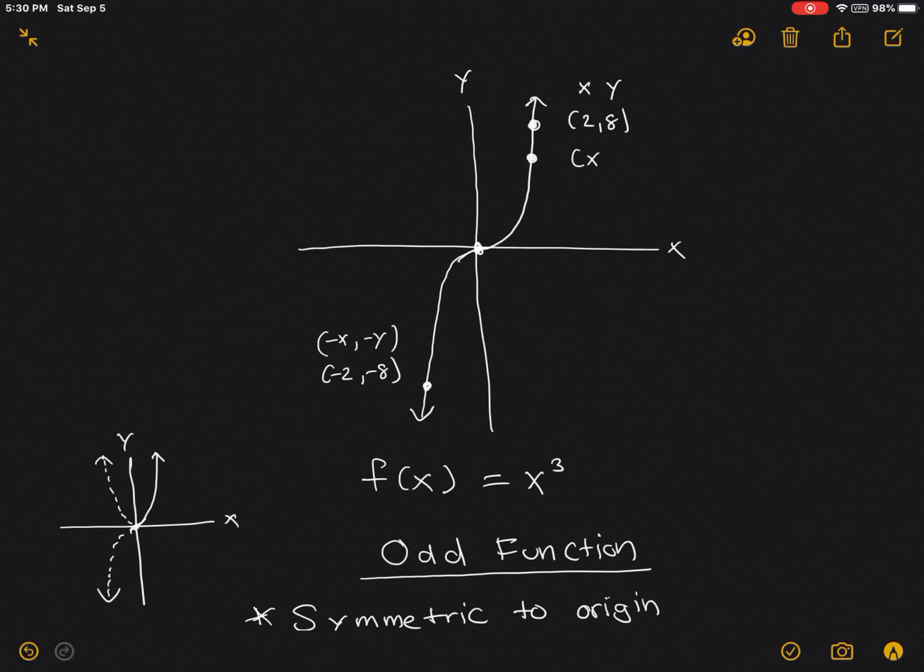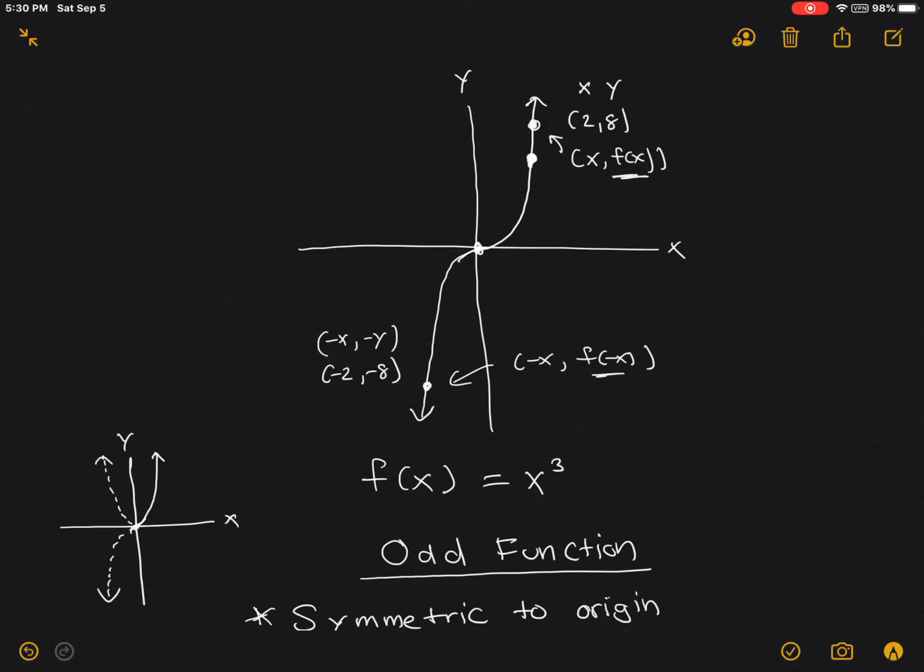Instead of using x and y, let's call this point x comma f of x, and we'll call this point right here negative x comma f of negative x. So negative 2, negative 8 is negative x comma f of negative x.